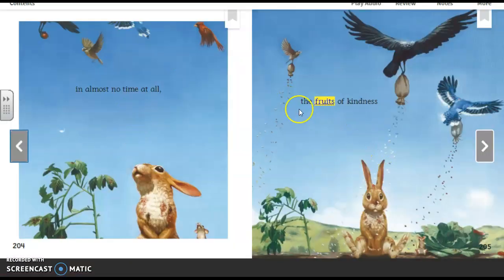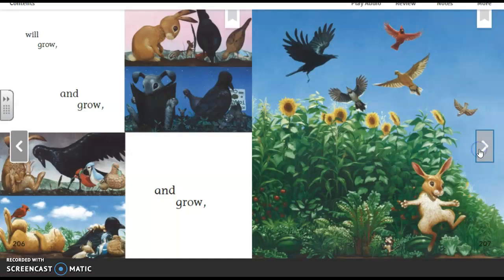Did you notice the kindness? And then the birds are dropping seeds, paying back for the kindness of sharing. And look here what grows. The sunflowers grow, don't they? Because those seeds of kindness grew and grew and grew.